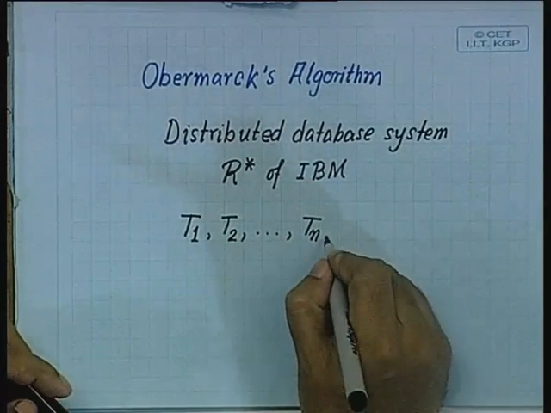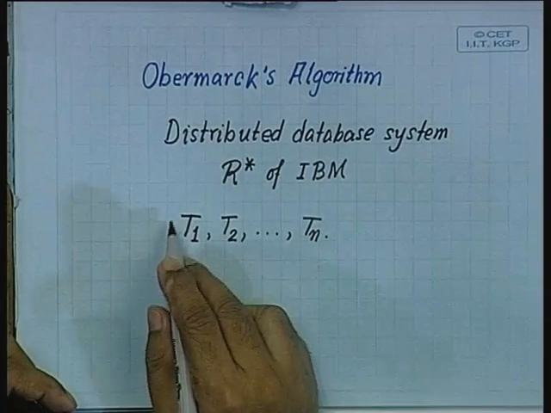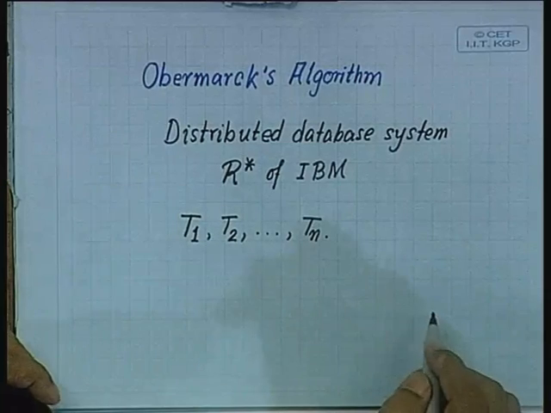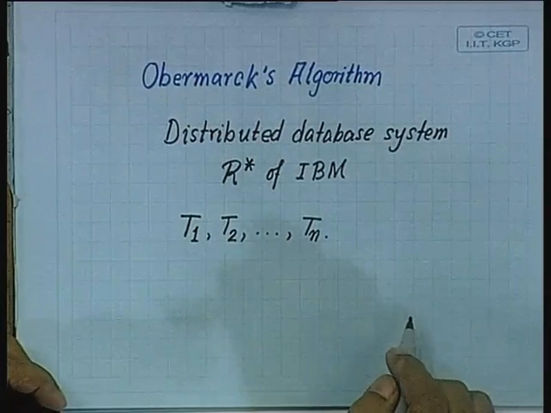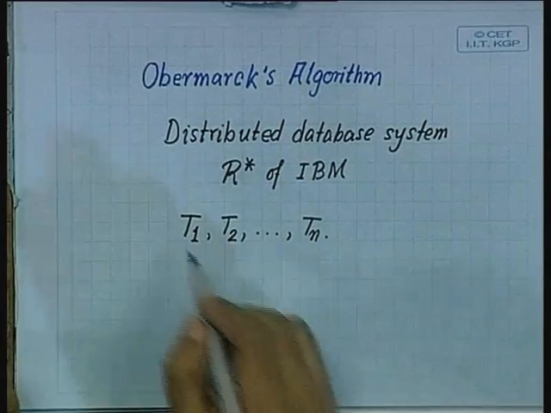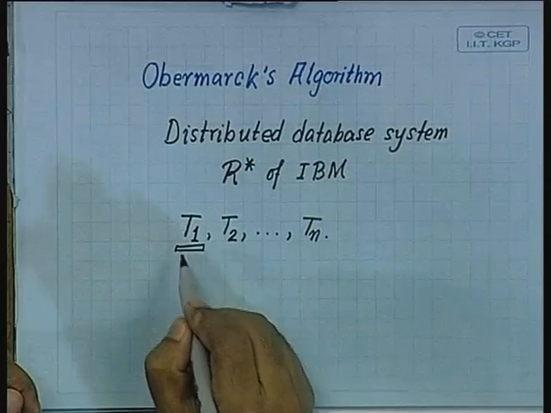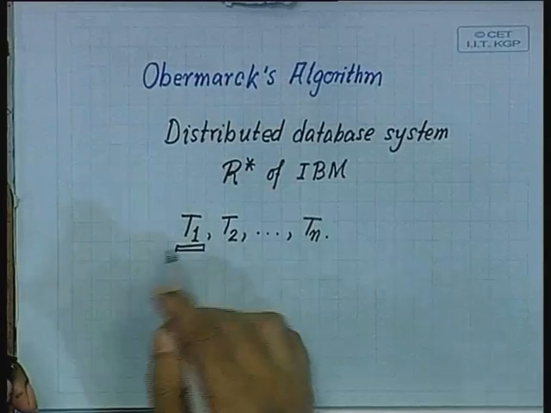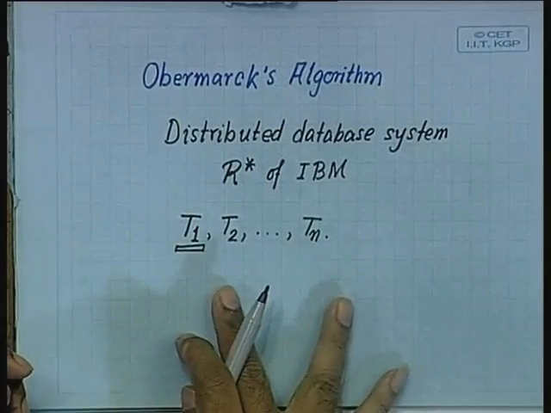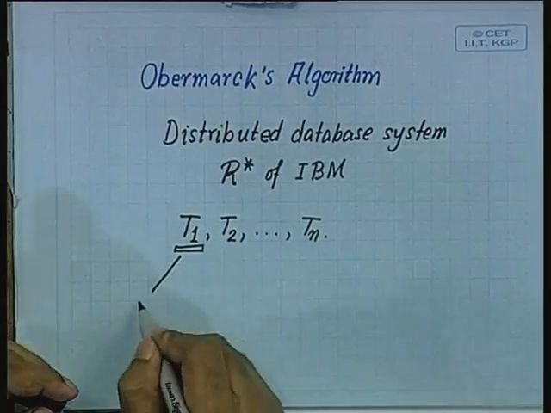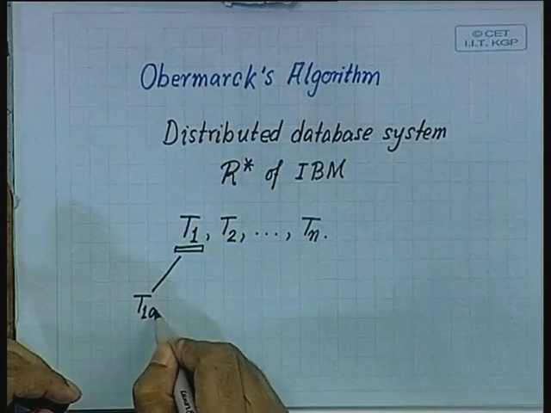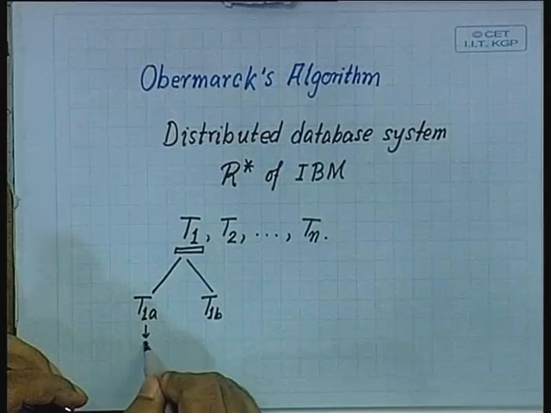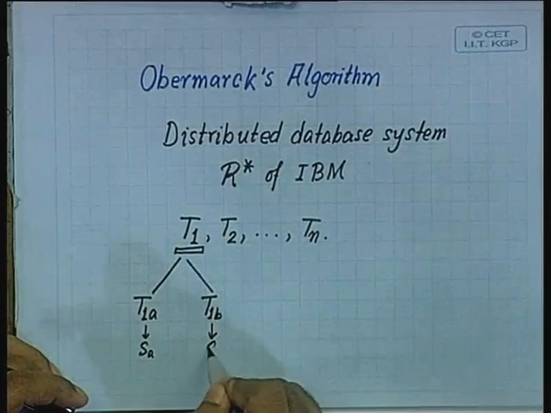Okay. Now, typically in a distributed database system, each transaction can have sub transactions executing on different nodes of the system. So, a transaction could be that I am transferring some amount of money from one account to another. If there is more than one site involved, because the two accounts may not be in the same site, then this will actually consist of two sub transactions T1A and T1B, this one executes in site A and this one executes in site B. Okay.